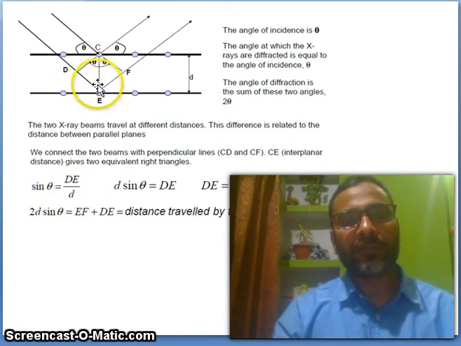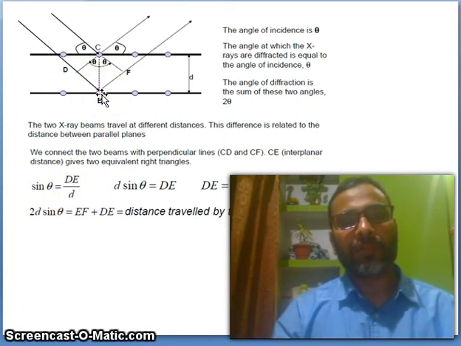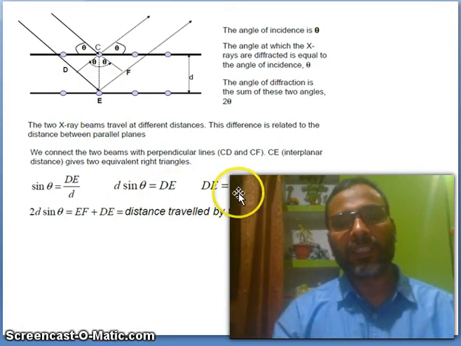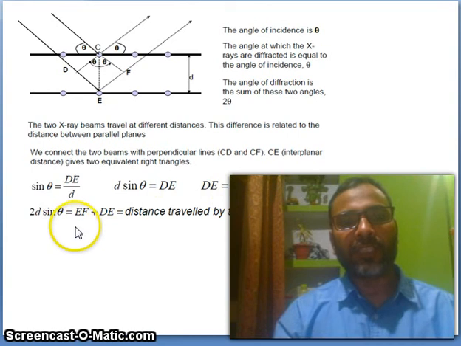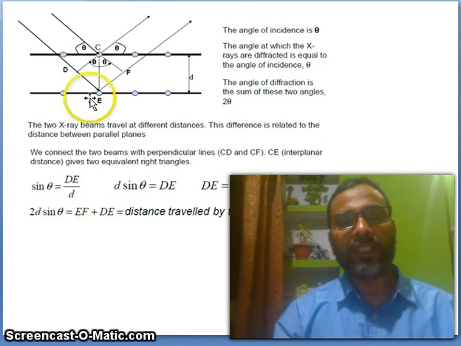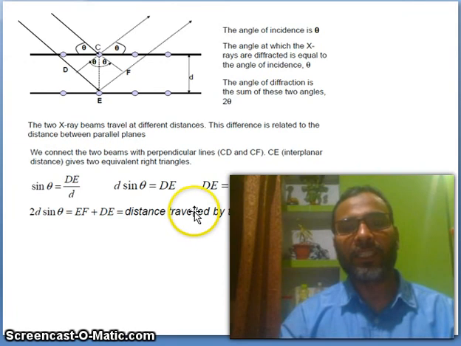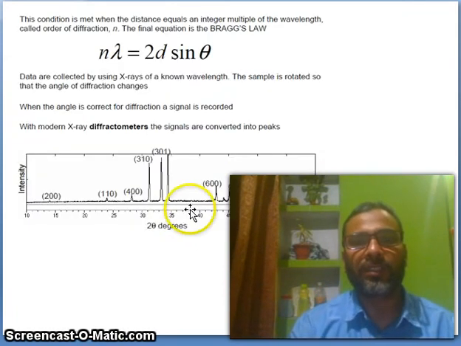Here is DE by d. d sin theta is equal to DE. DE is equal to EF. d sin theta is equal to EF. So 2d sin theta is equal to EF plus DE, the extra distance travelled by the bottom wave.